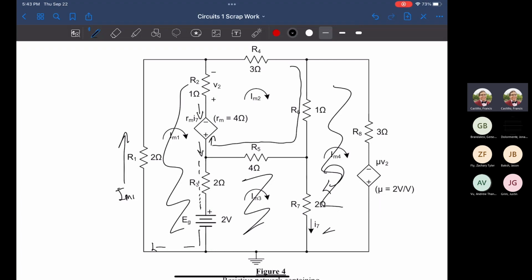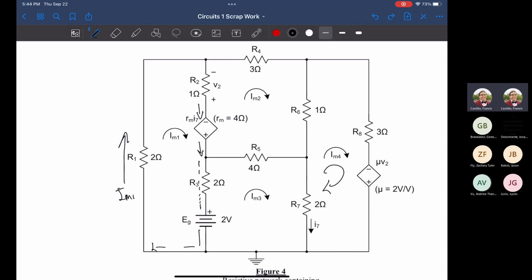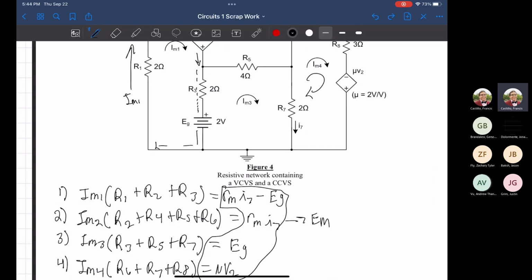Our dependent source, R_M I7, is going against our current convention, meaning there will be a difference there instead of it being a positive number. Similar to what we did originally for this one right here.